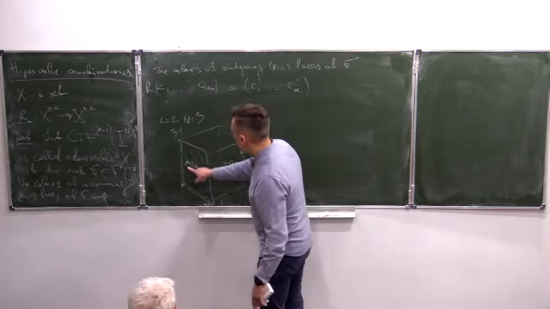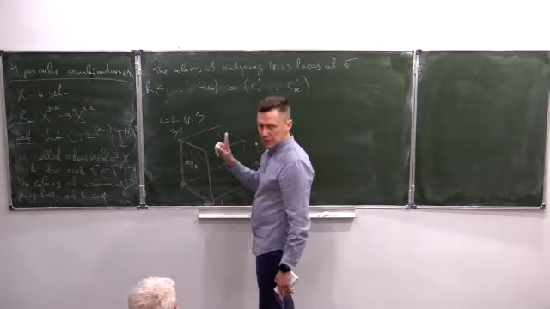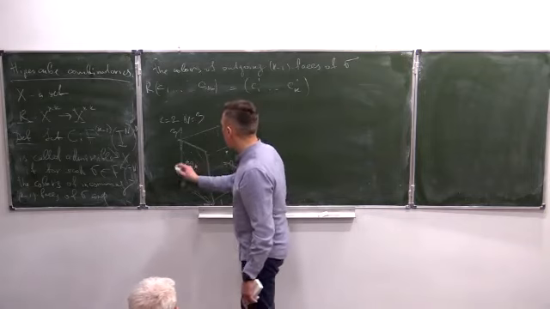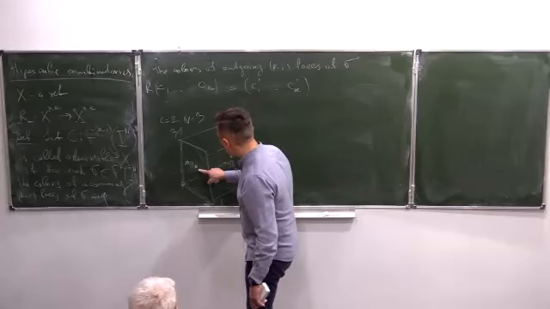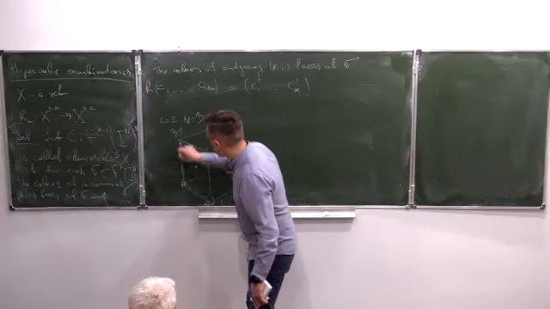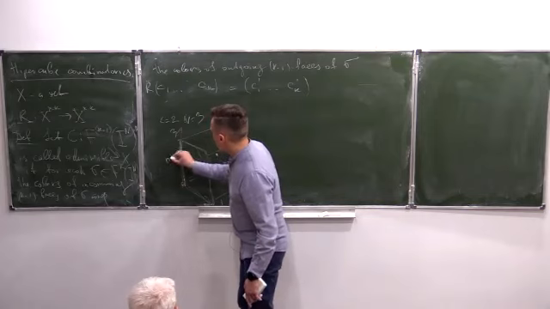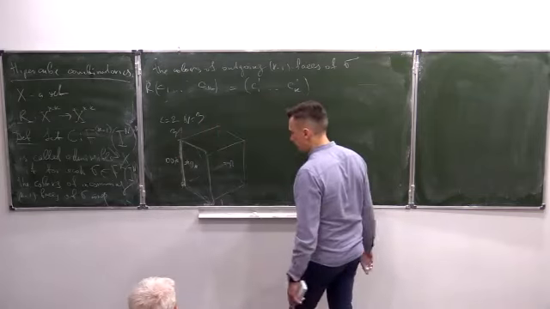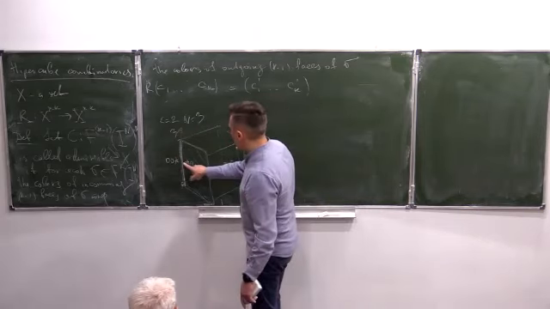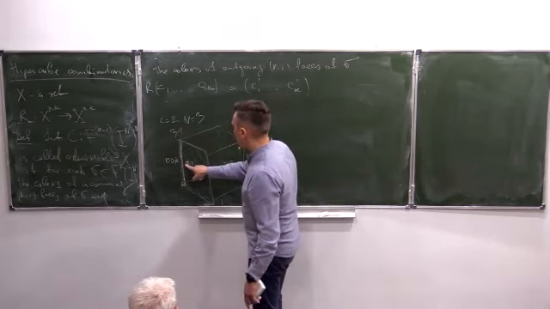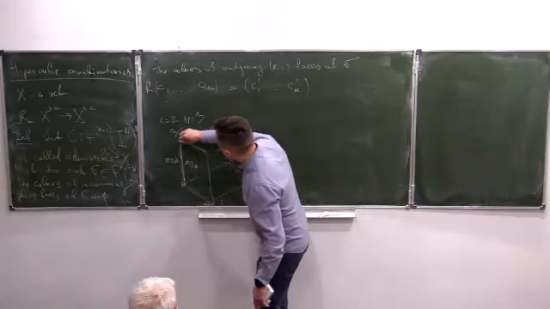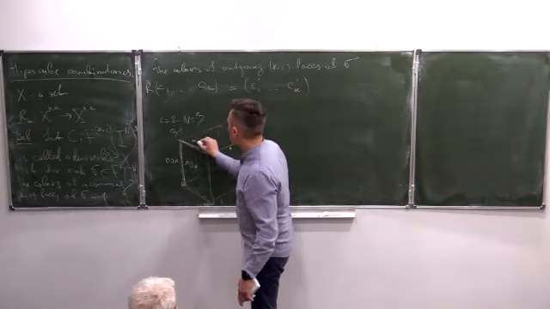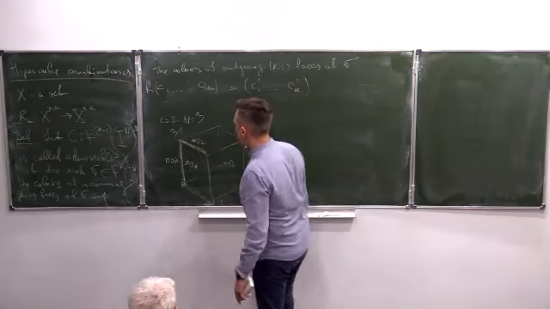The incoming one-subfaces of this two-face are 0 0 star, which is this one, and star 0 0. The outgoing ones are 0 1 star and star 0 1, which is this one.